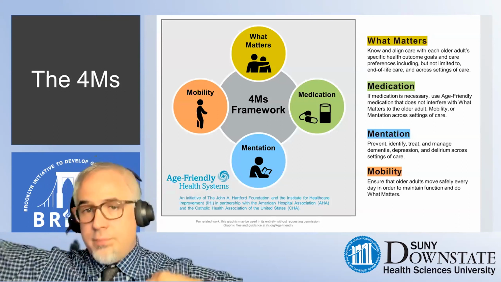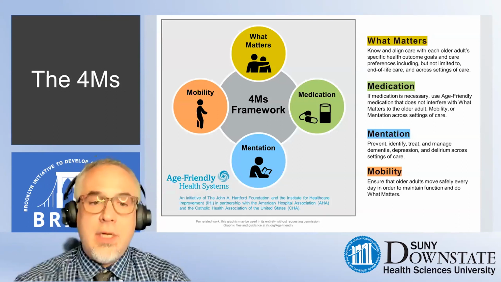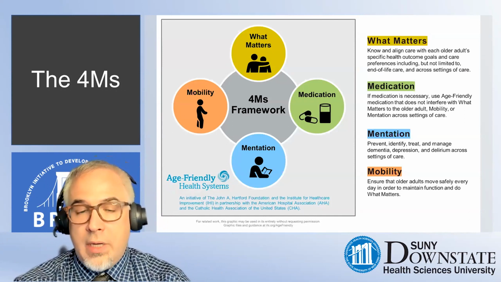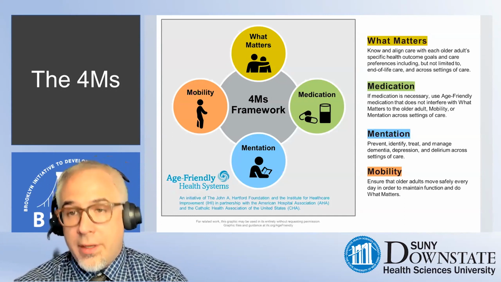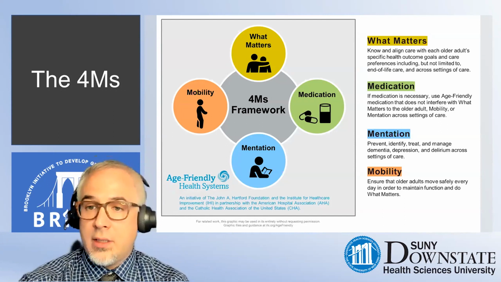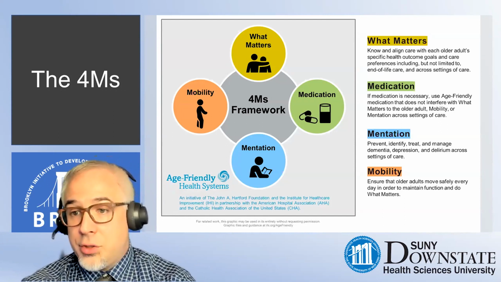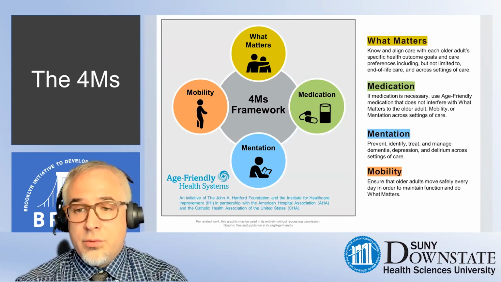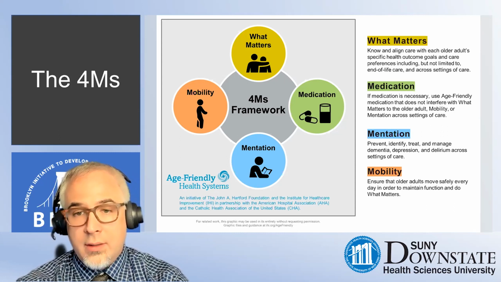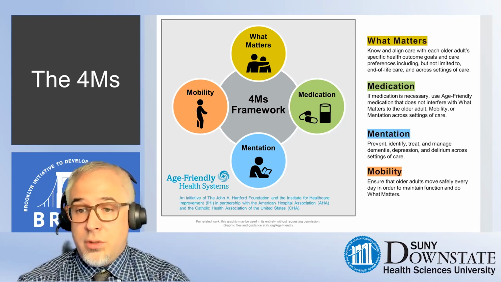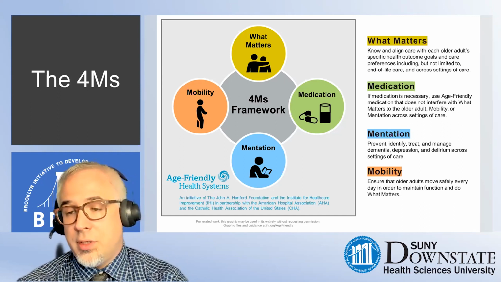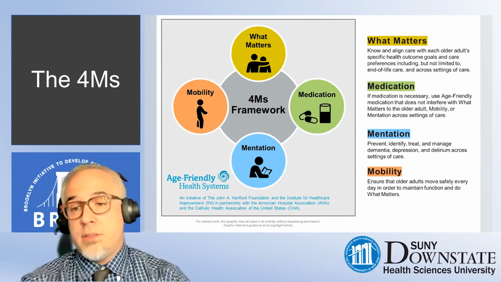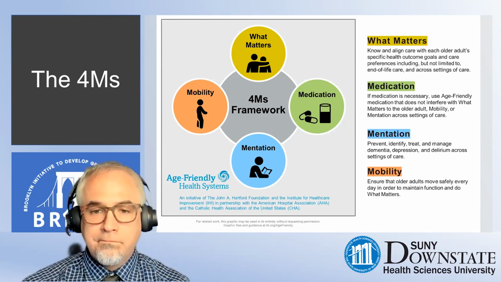And all of our talks are framed around the Age-Friendly Health Systems Initiative and the 4Ms model of care. Making sure that we always understand what matters to our older neighbors that we're treating in clinic, taking a look at their medication, making sure that what we're using is judicious and not interacting with what matters to the older adult, not impacting their mentation or their mobility, and making sure we assess their mentation, which includes the 3 Ds of the 4Ms, dementia, depression, and delirium, and also making sure that we assess and adequately respond to mobility limitations in older adults.